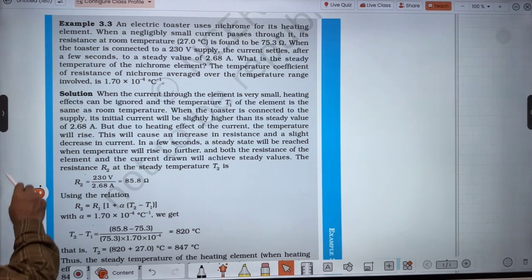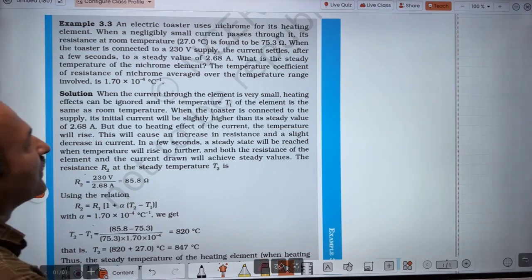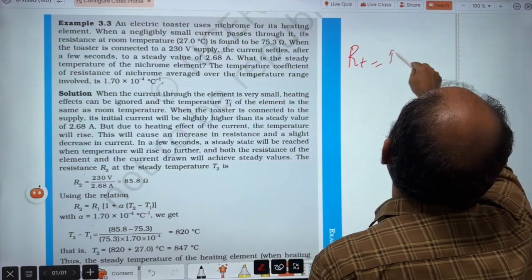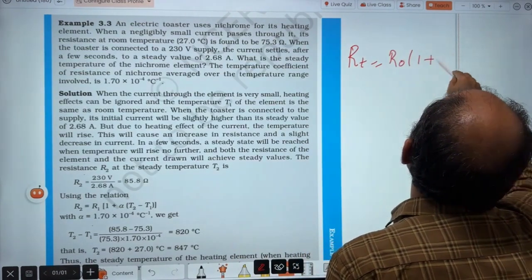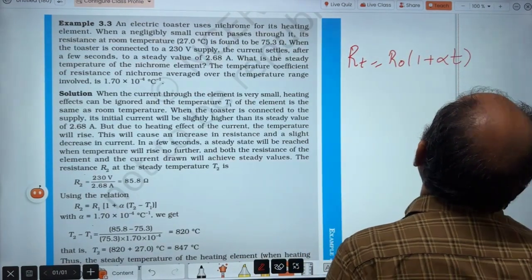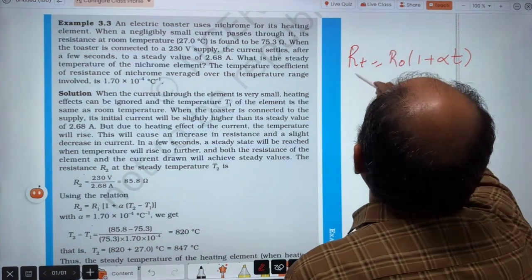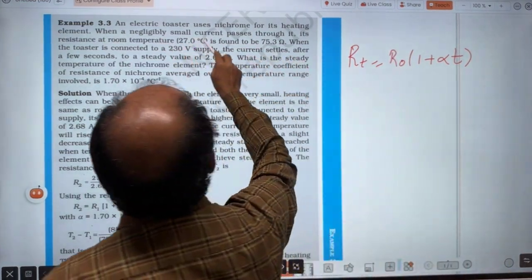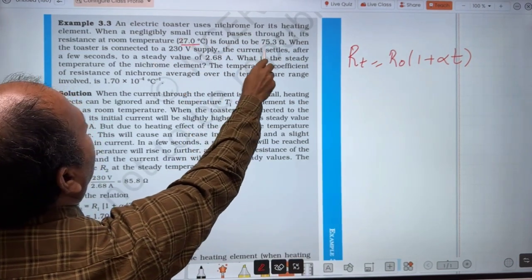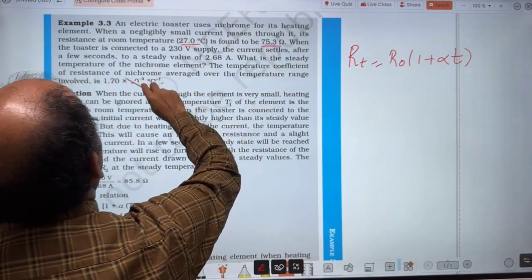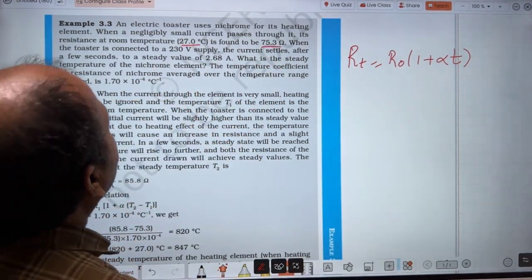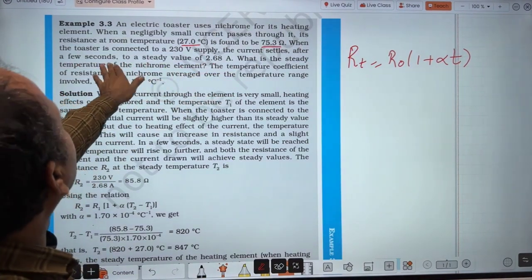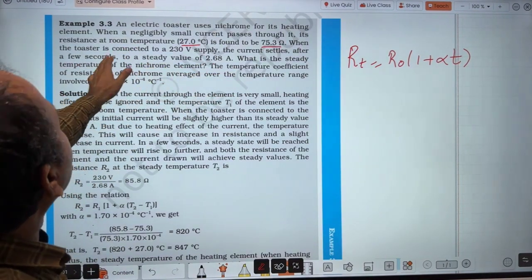So as I told you, the relation is R_T equals R_0 (1 plus alpha T). Suppose in this case, two resistances are given. At 27 degrees, it is this much. And in the second case, when the toaster is connected to the supply, the current settles to this value.